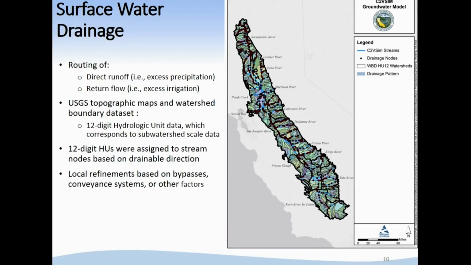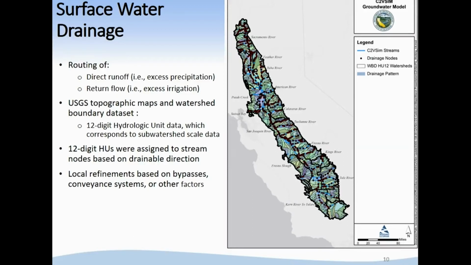As for the surface water drainage, we worked with the USGS topography maps and watershed boundary datasets to route the runoff from precipitation and the return flow from the applied water to specified stream nodes. As you can see here, we pretty much use 12-digit hydrologic units throughout the model area to route that water.